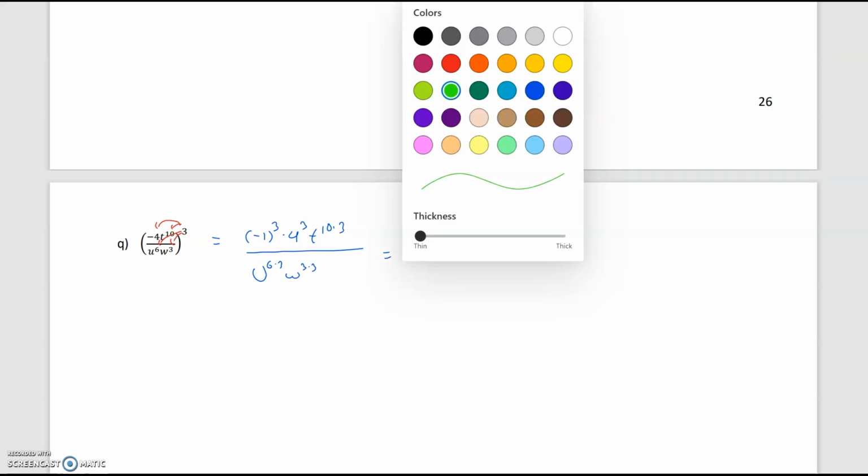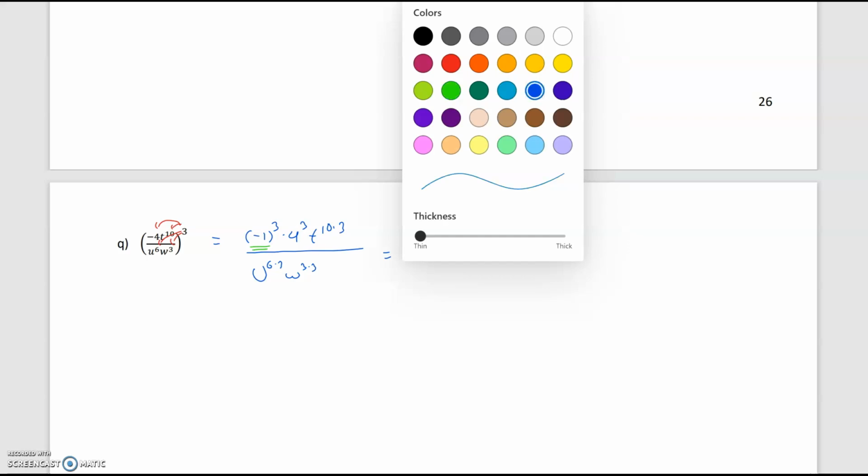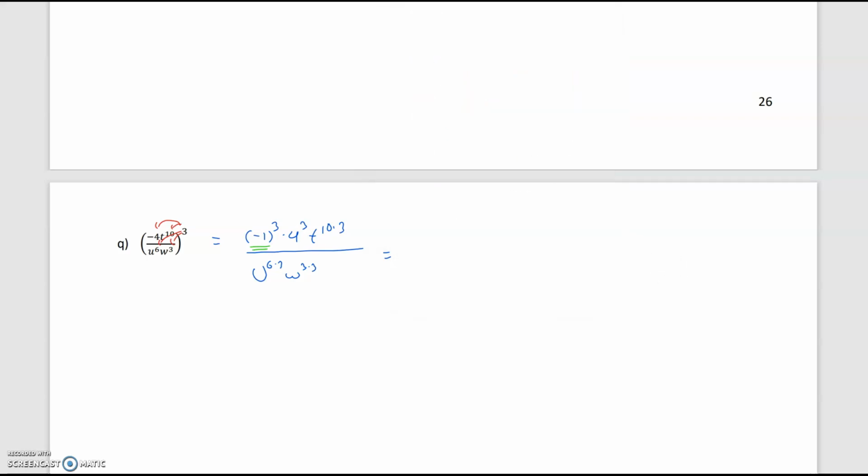Now, as you exponentiate the -1 to the third, that's going to be -1. So this will be -4 to the third, t to the 30th, whoops, that's 30th, u to the 18th, and w to the 9th.